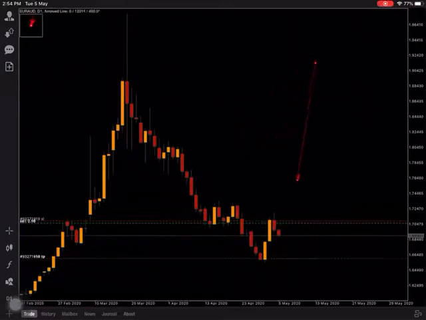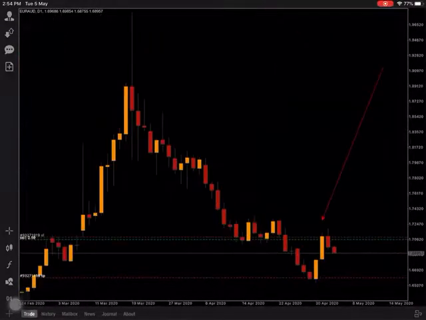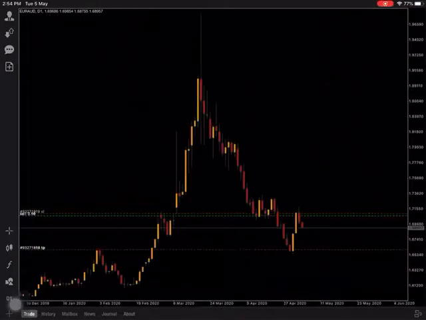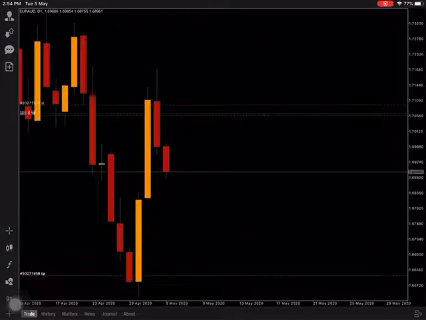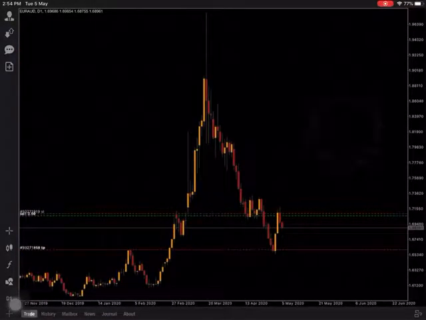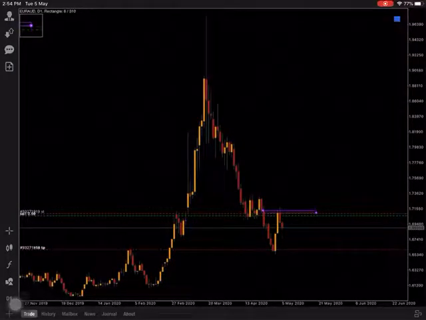To cut things short, as I said, price has rallied, so there's no reason for me to buy. Instead, I look for a sell, because I'm anticipating that this is going to be a rally-base-drop, in which yesterday I entered at the base.